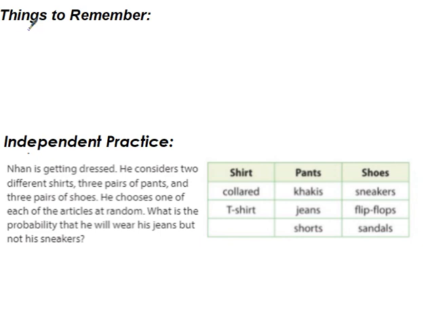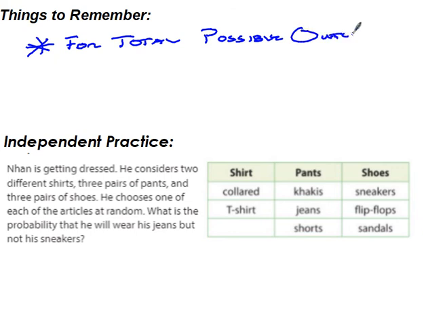Okay. So, for total possible outcomes, this is your thing to remember. Multiply the total possible outcomes for each individual event.